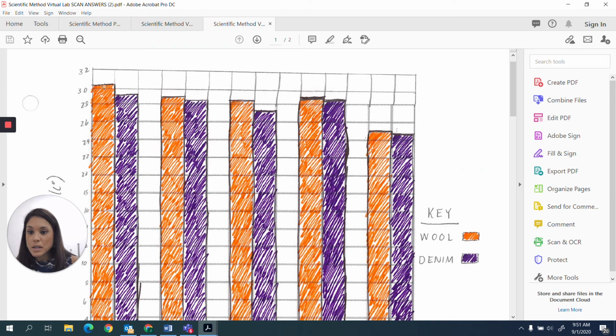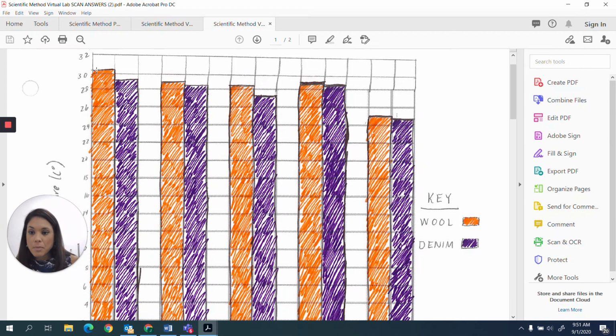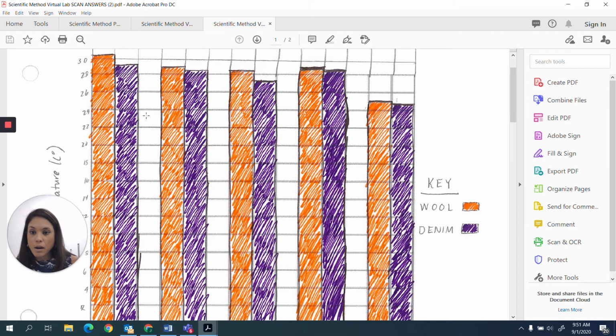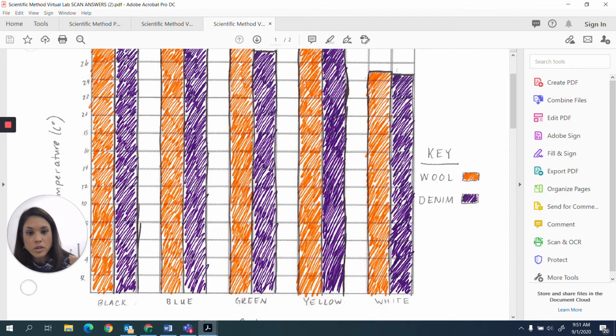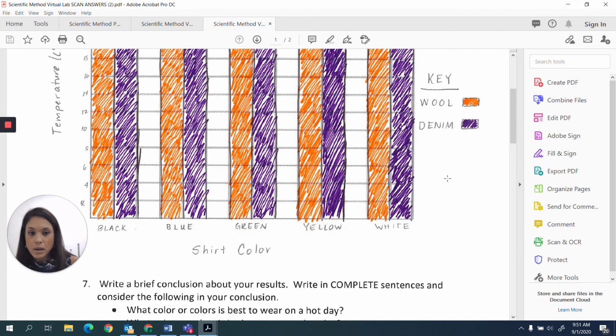Okay, so you can see my wool is orange, my denim is purple, and I plotted out my average numbers there. And it's a really great visual. Okay, you can use whatever colors. So I will be looking to see how you guys completed this.